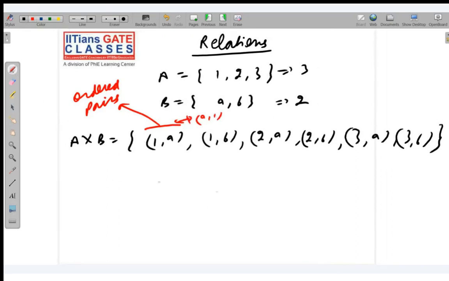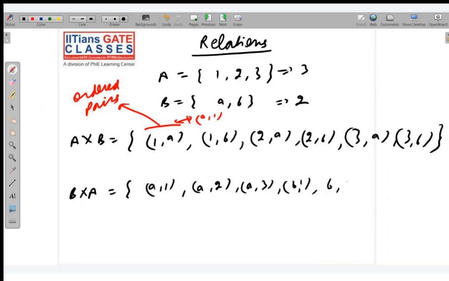So what about my B cross A? How will B cross A look? First you pick an element of B and then match it with A. So B cross A will be a1, a2, a3, b1, b2, b3.